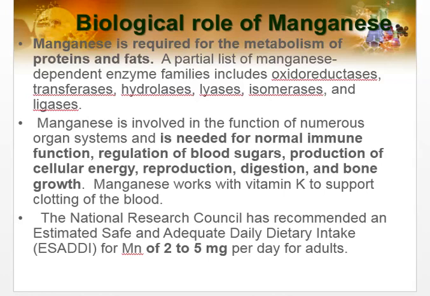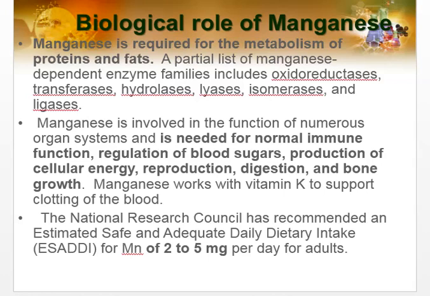About the biological role of manganese. Manganese is regarded as important for the metabolism of proteins and fats. A partial list of manganese-dependent enzyme families includes oxidoreductases, transferases, hydrolases, lyases, isomerases, and ligases.